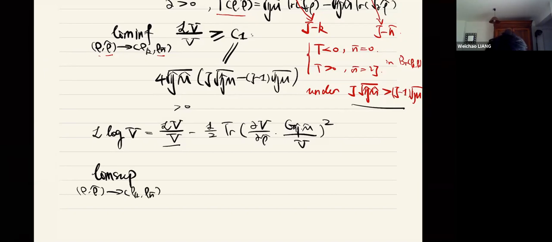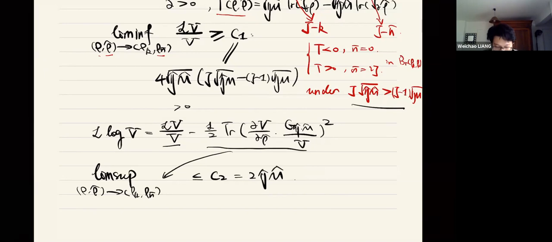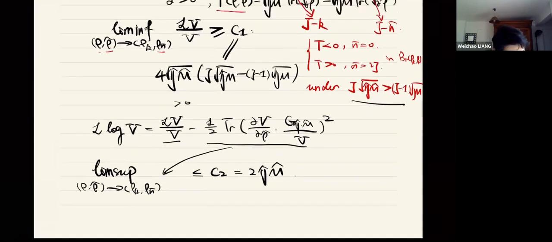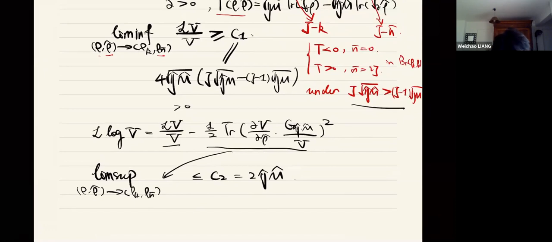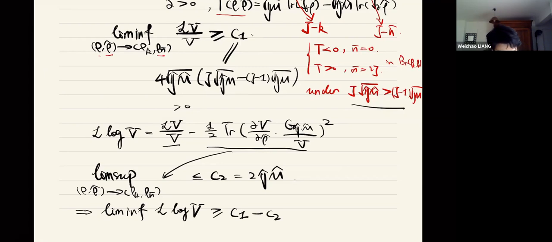This part is smaller than C2. And then we calculate the inf of LV, which is larger than C1 minus C2.